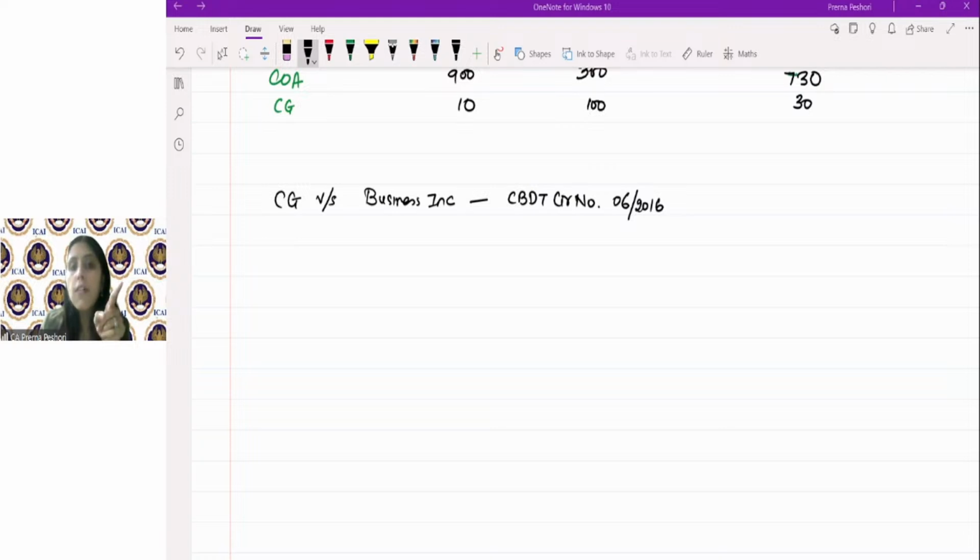Then you will also have the cost of acquisition allowed to you. And then you have the indexed cost of acquisition. What is the indexation for this particular year? For your particular year, you will have to take the CII.